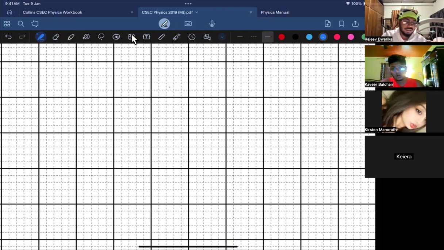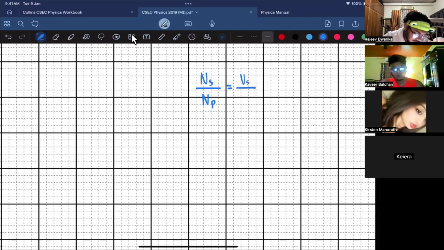How would I find the ratio of turns? NS over NP. NS is the number of turns in the secondary, and NP is the number of turns in the primary. We're comparing them, right? And how would I find the ratio of voltage? VS over VP.